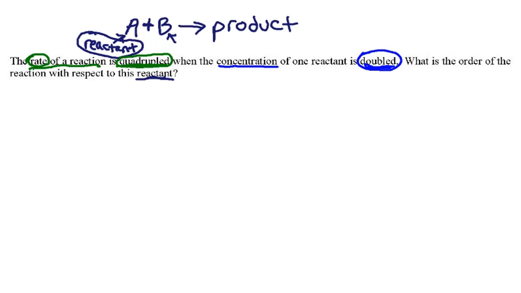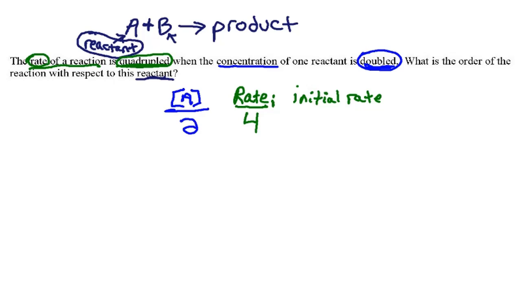So if the rate of a reaction, and remember it's going to be rate, and sometimes you'll see a little lowercase i down there for initial rate, but it doesn't have to be, it can just be plain old rate, is quadrupled when the concentration of a reactant is doubled.